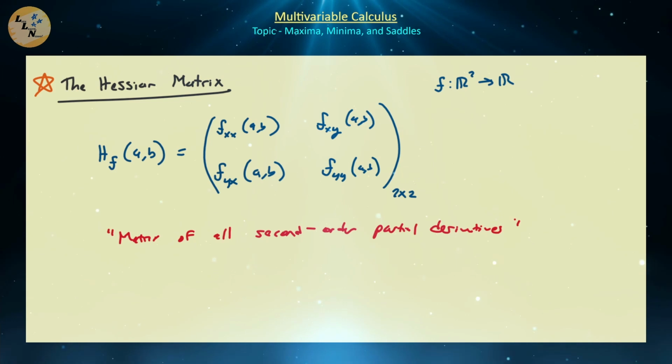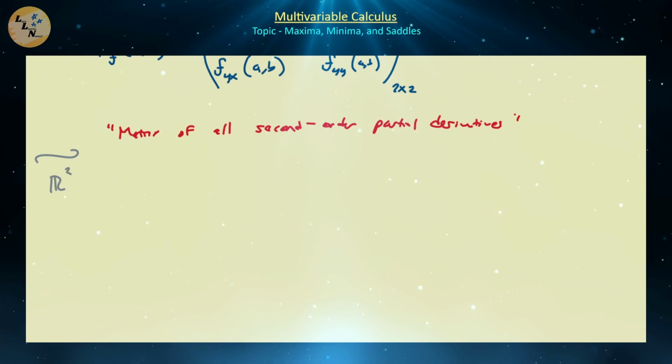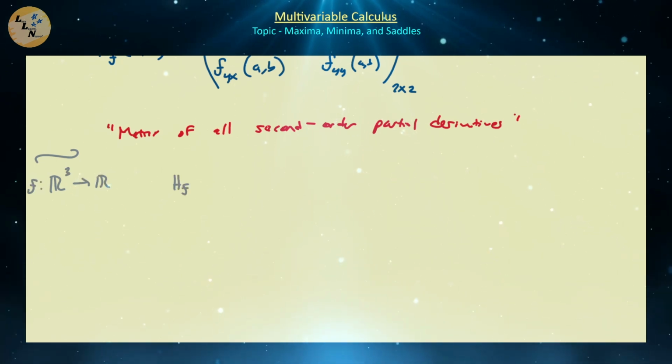Okay, so for example, I'm going to go ahead and write down the 3 by 3 matrix just in case you're curious, because some people would think, oh, it has a third derivative in it since we're working in R3. So for example, if f sends R3 to R, then the Hessian matrix of f evaluated at some point, say (a, b, c), but I'm not going to write the (a, b, c) part because it's just going to be (a, b, c) in all of the entries.